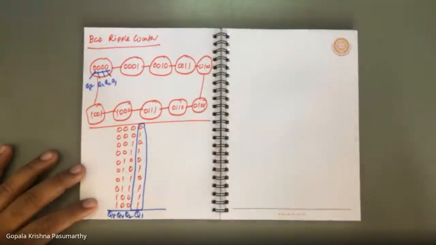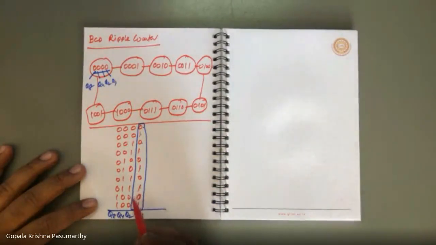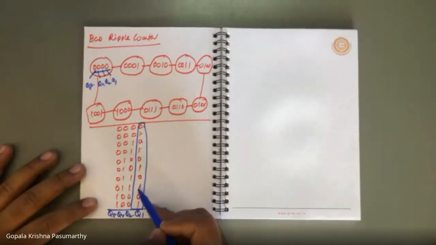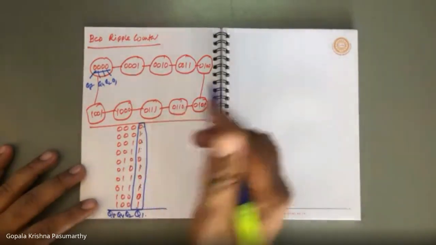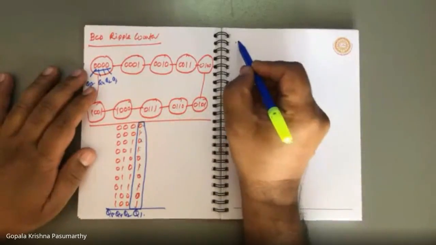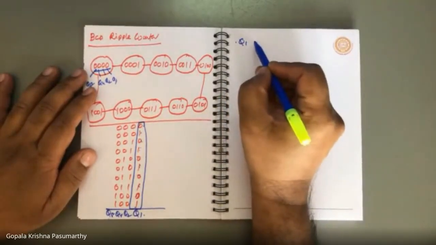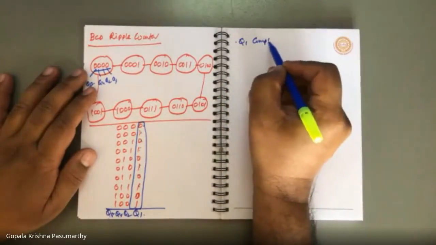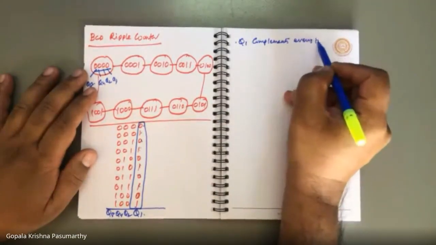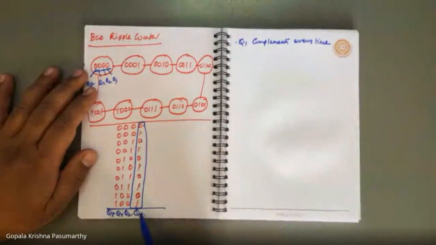See, 0, 1, 0, 1, 0, 1, 0, 1, 0, 1 means Q1 complements every time. So we can derive some rules. Let us first discuss Q1. Q1 complements every time.